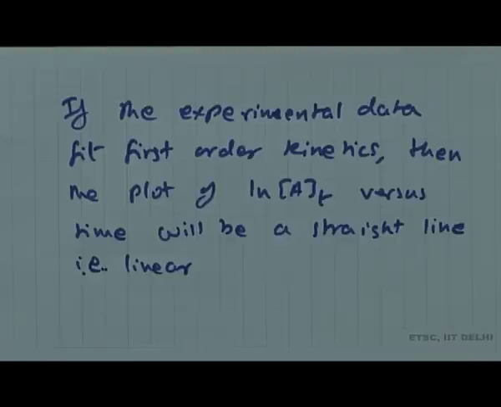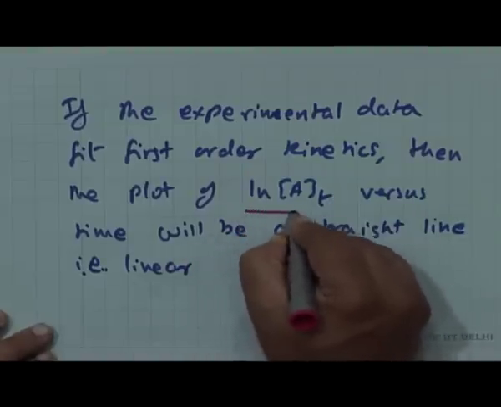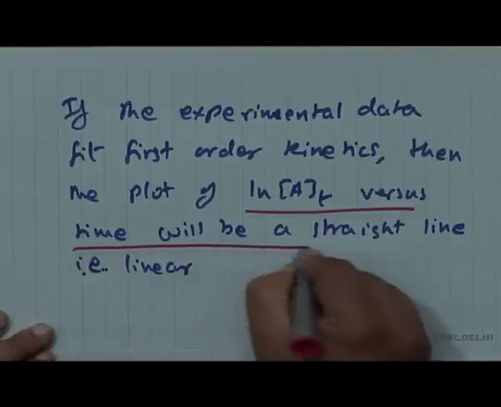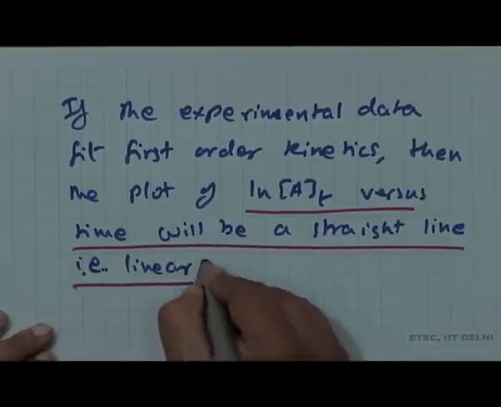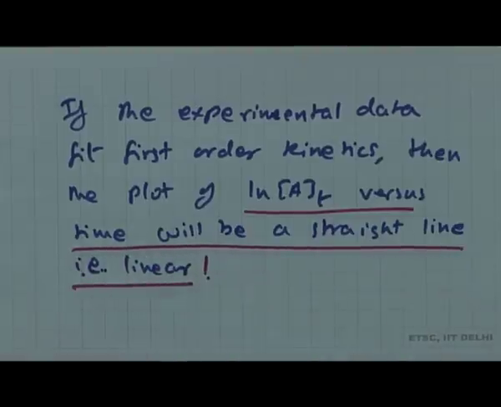Slope is equal to minus k, the slope itself being negative, the negative signs cancel out and then you get the value of the rate constant. So, please remember that this is important, that the plot of this quantity, log base e of A against time, has to be a linear plot with a negative slope for the reactant.